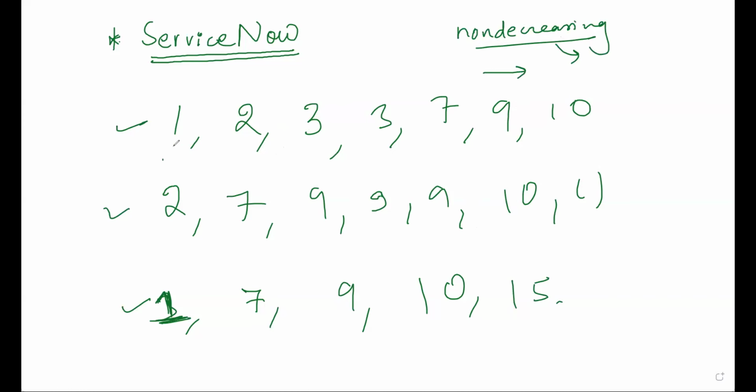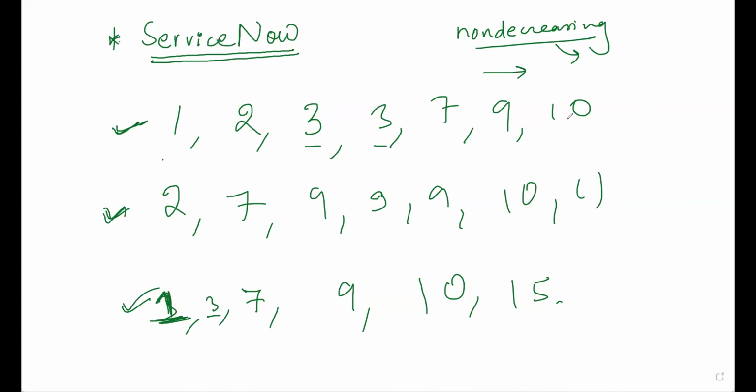Those who said they will find the count of, I think Tanaya said you'll merge all three arrays and then find the count of every element. If the count is 3, then you'll print it. But that is wrong in this case. If I have a 3 at this point, 3 is occurring 3 times across all the elements, but 3 is not present in all 3 arrays.